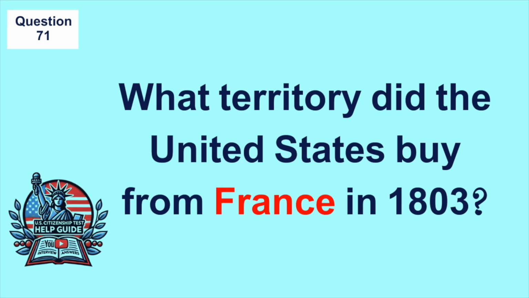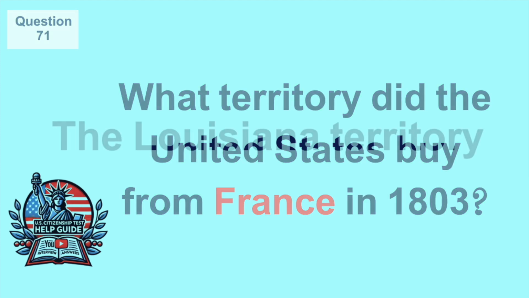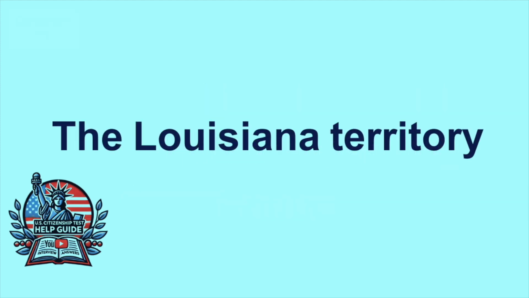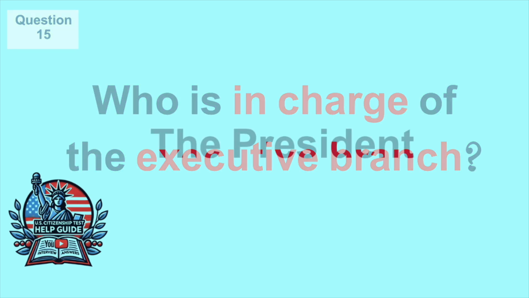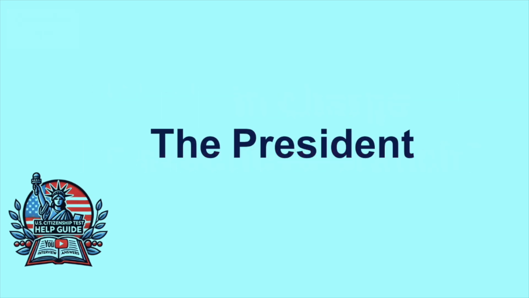What territory did the United States buy from France in 1803? The Louisiana Territory. Who is in charge of the executive branch? The President.